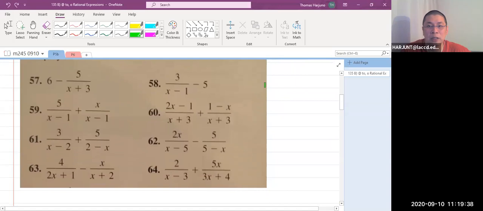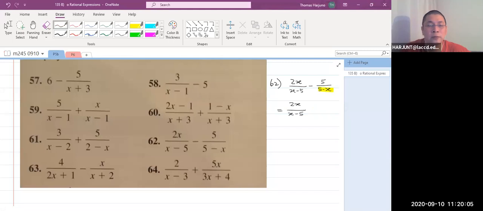Okay, number 62. Number 62, they seem to have different denominators, but if you think about it, the denominators are actually simply opposites of each other. You see, one of them is x minus 5, the other one is 5 minus x. So what I will do is reverse or flip the order of subtraction for the denominator of the second fraction.